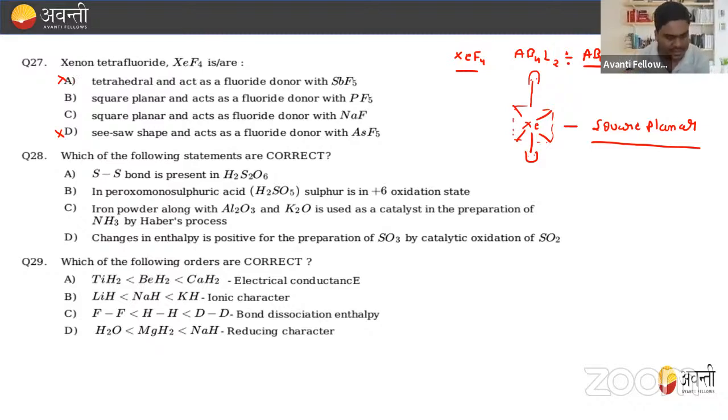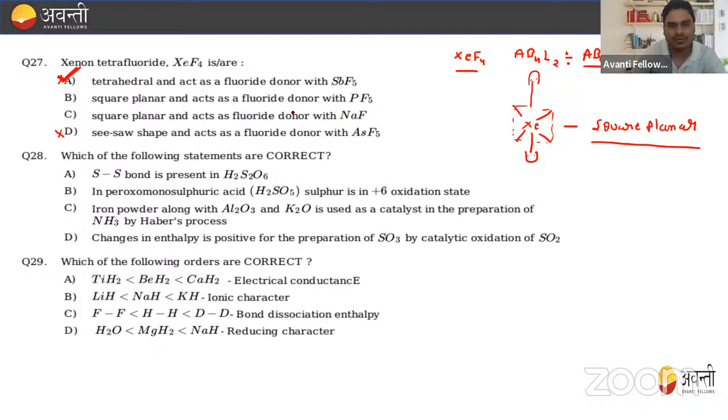So let's see which of the following is correct, right? Seesaw shape and acts as a fluorine donor, no. Square planar, and one is tetrahedral. So tetrahedral and acts as a fluorine donor with SbF5.